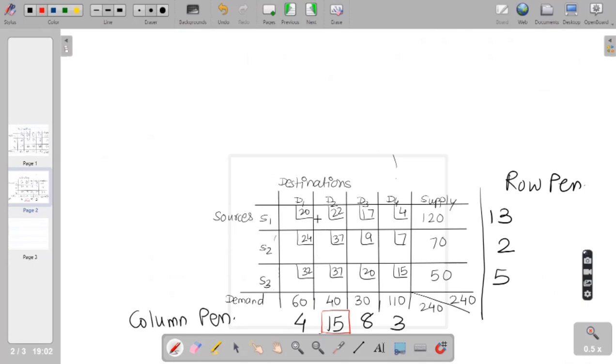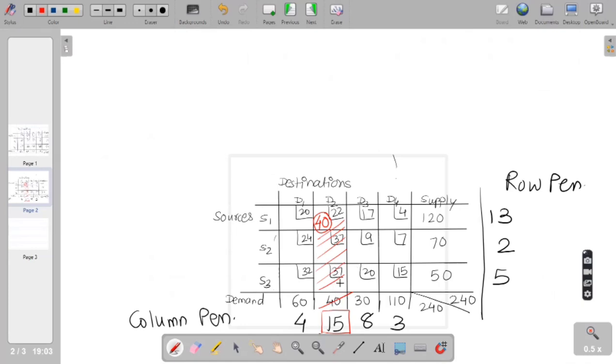So we will give all 40 units that are required at this destination. And that is how the requirement at this destination is fulfilled. And therefore, we will not supply any more units at this destination.